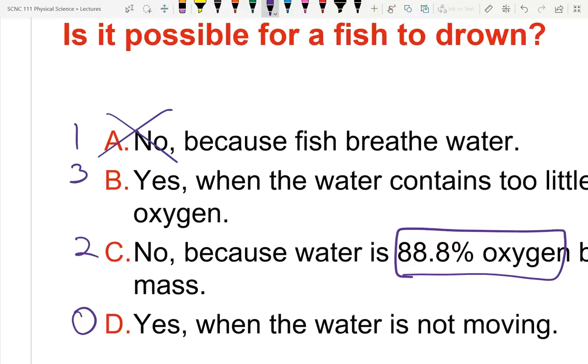They collect oxygen from the water, but that needs to be oxygen molecules. Why do we have oxygen molecules in water? What's the chemical formula for water? We just had it, just a reminder. H2O. So we have these H2O molecules that are polar molecules. Oxygen molecules are nonpolar.